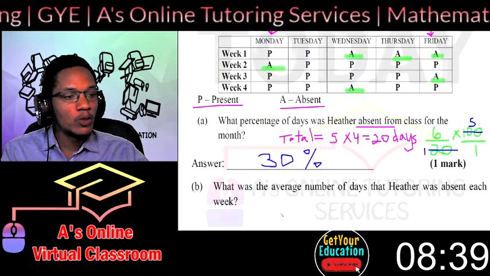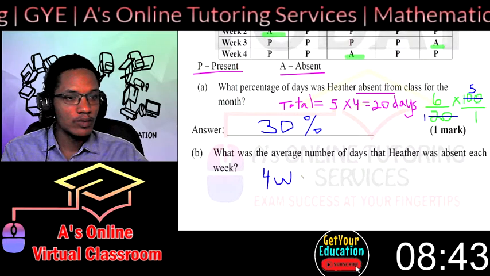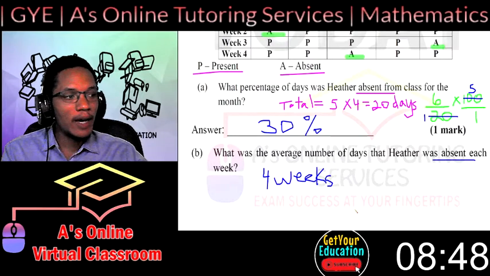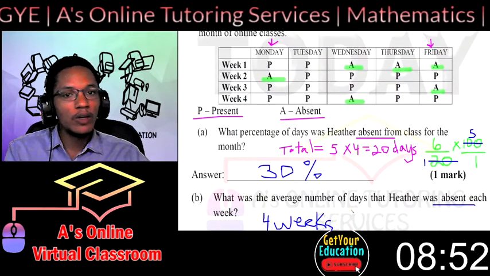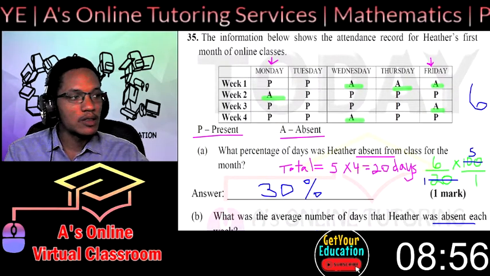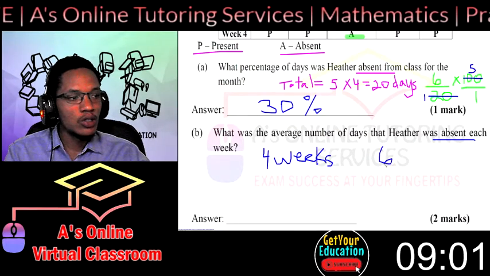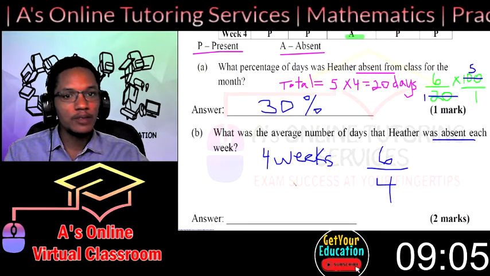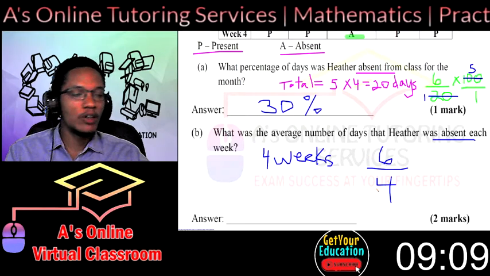Well, we have 4 weeks. And how many days was Heather absent? So we're going to take the total number of absent days, which we found to be 6. And to find the average, we're going to divide it by the number of weeks, the total number of items. Average is total over number of items.